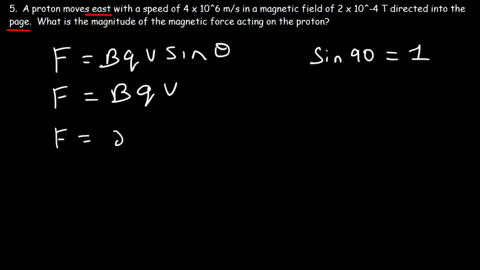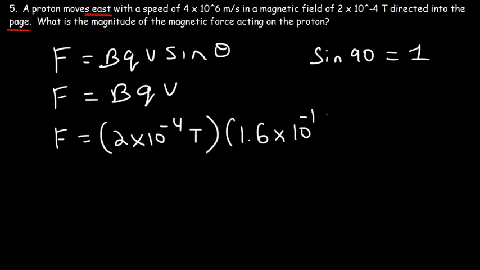B is the magnetic field in Tesla, that's 2 times 10 to the minus 4 Teslas. Q is the charge of just one proton. The charge of a proton is 1.6 times 10 to the negative 19 coulombs. And that's something you just got to know. And the speed of the proton is 4 times 10 to the 6 meters per second.